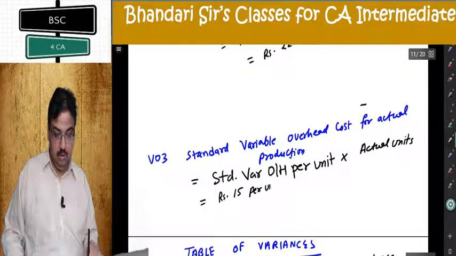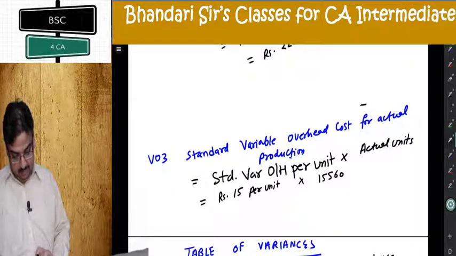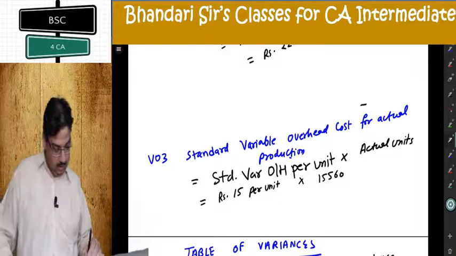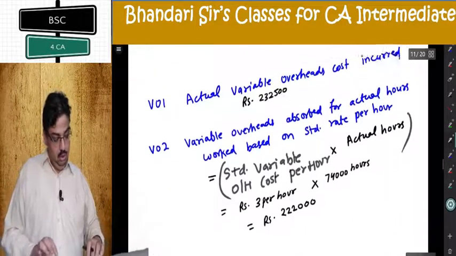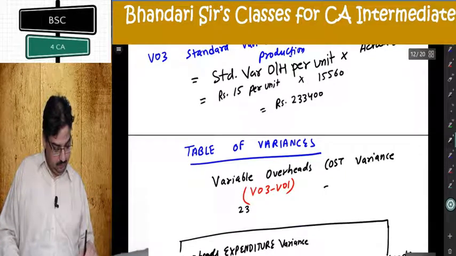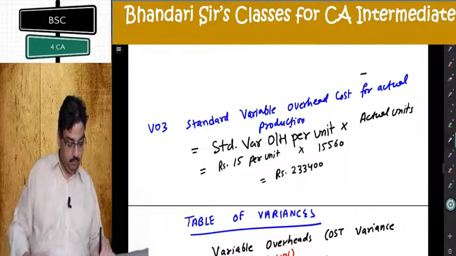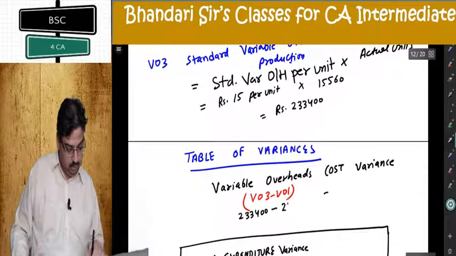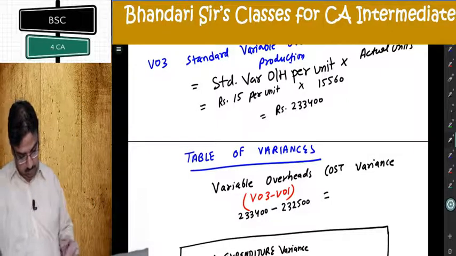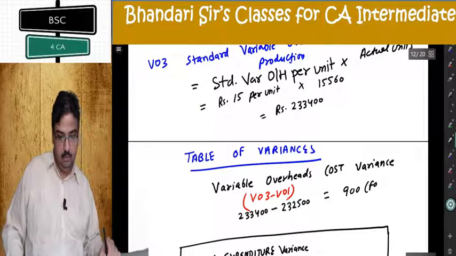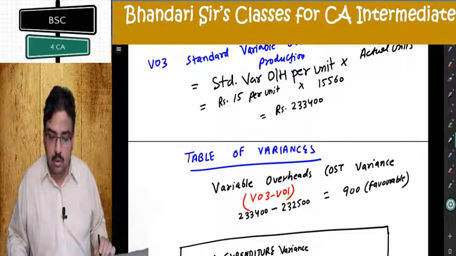Rupees 15 per unit multiplied by actual units, 15560. 15560 multiplied by 15, I am getting rupees 2,33,400. 2,33,400 minus actual, we got 2,32,500, is equal to 900 favorable.